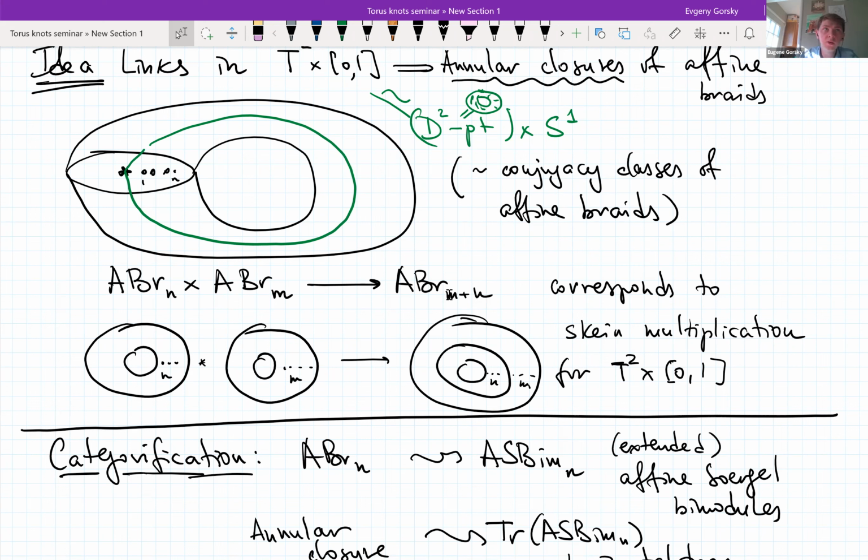And for the same reason, you would expect some kind of flattening functor from affine braids to finite braids by filling the hole. Again, that is not known and not constructed. So there is a lot of things to be done here, but the expectation is that maybe you need to slightly change the category and make it slightly more derived, but you would have the sections.